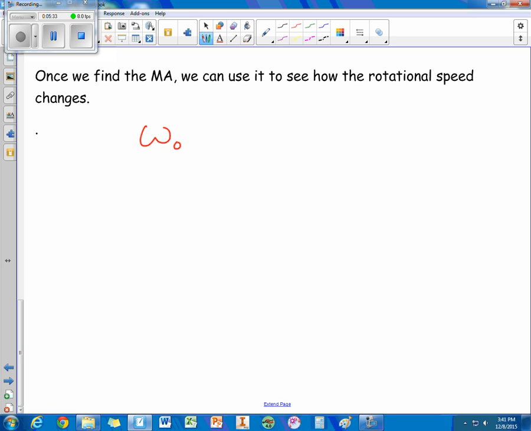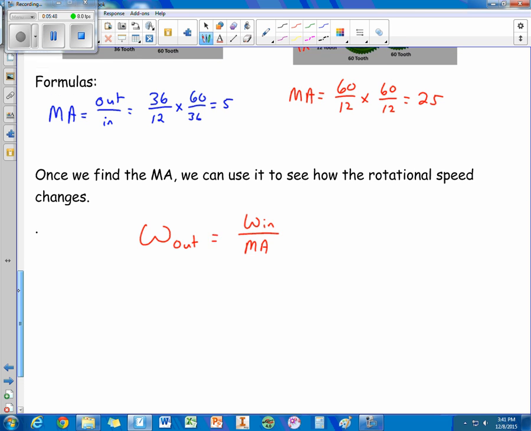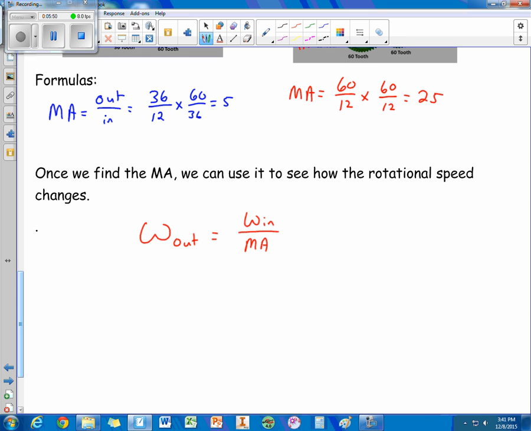The output speed equals the input speed divided by your mechanical advantage. So in our examples above, the motors turn at 100 RPMs. So if I divide that by 25, I get 4 RPMs.